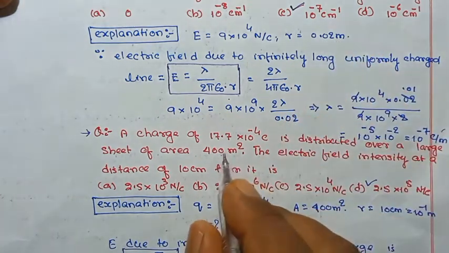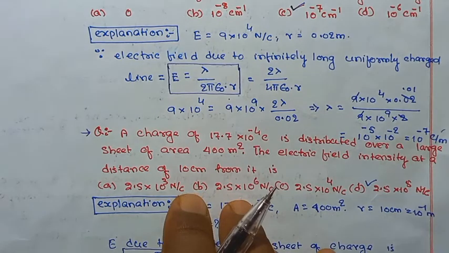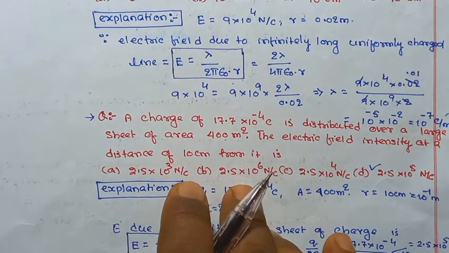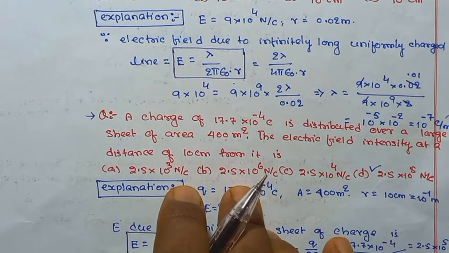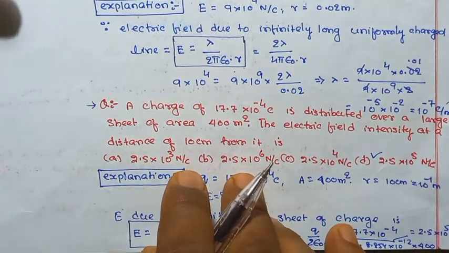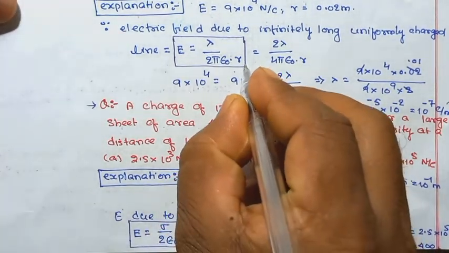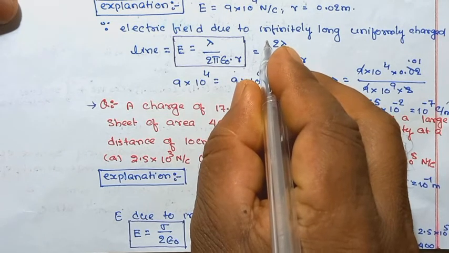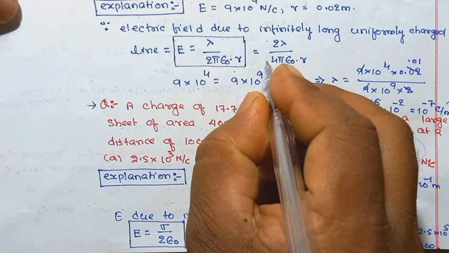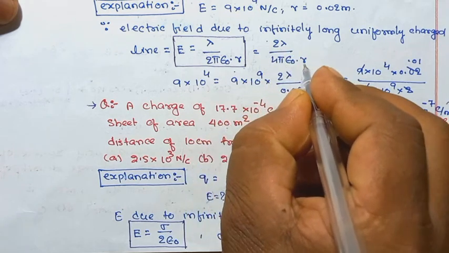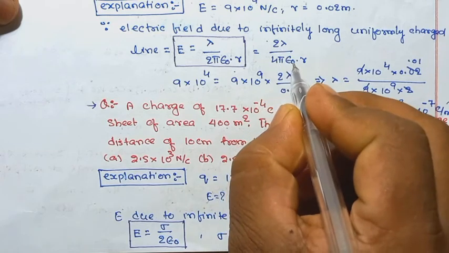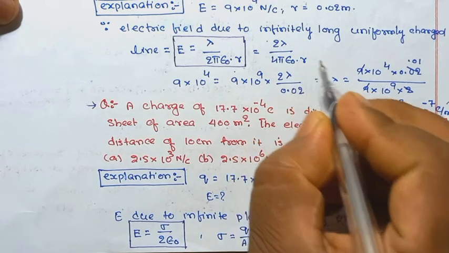ठीक है. So for infinite line charge, we know the relation electric field intensity E is equal to lambda by 2 pi epsilon 0 R. Now we'll multiply 2 in both numerator and denominator. Then we will get 2 lambda by 4 pi epsilon 0 R. हम सबको पता है 1 by 4 pi epsilon 0 is equal to 9 into 10 power 9.